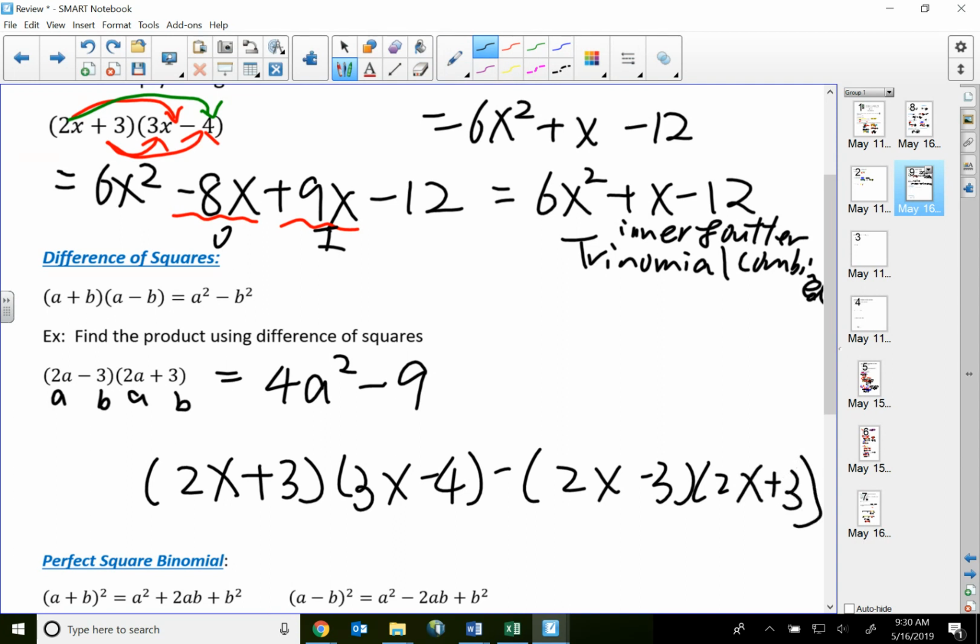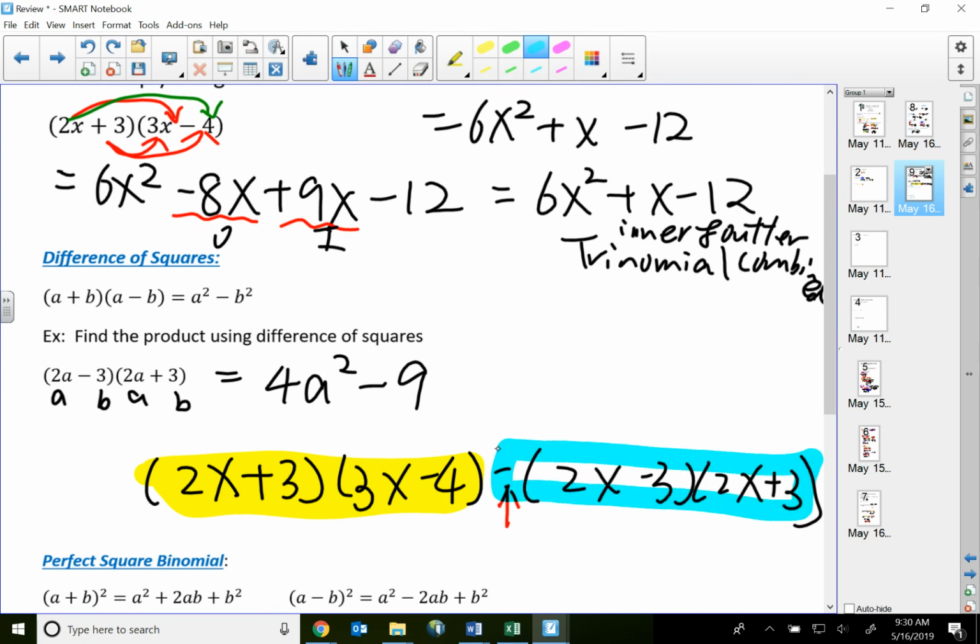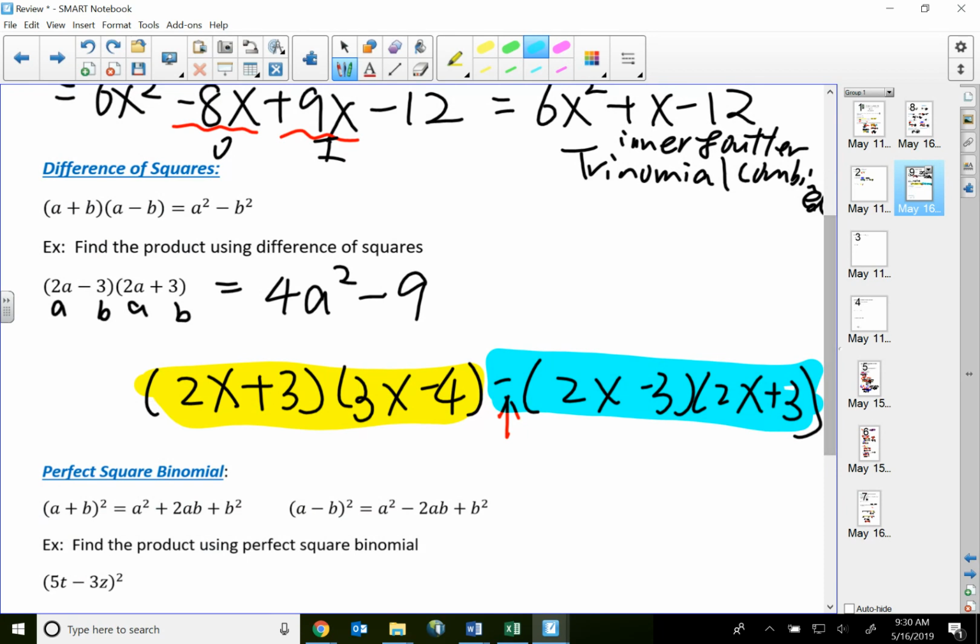If I have a long problem like this, it will be great if we can recognize that the subtraction sign outside the parentheses separates two terms. So this is my first term, which is 2 terms times 2 terms, so I'm thinking about the FOIL method. And my second term is negative 1 times 2x minus 3 times 2x plus 3.